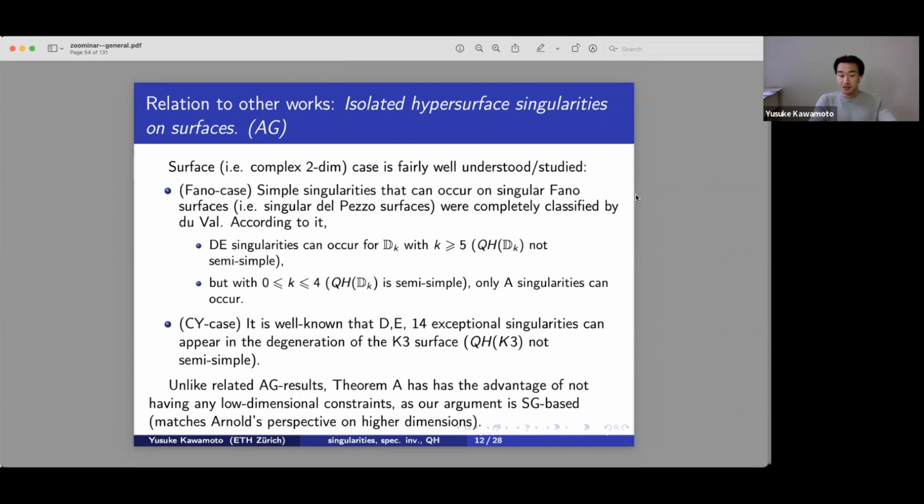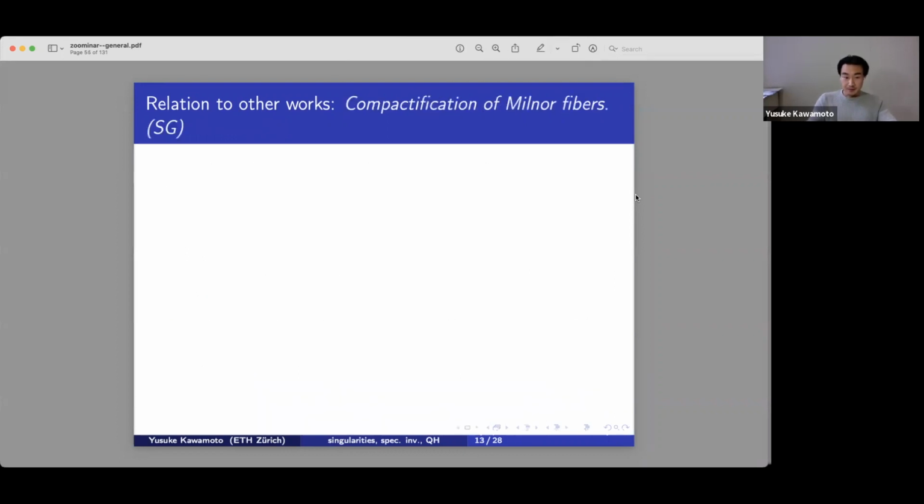And this matches the perspective of Arnold. I told you that he wanted high dimensional results. Okay, so that was some related work to algebraic geometry, but let me give you some related work to symplectic geometry.